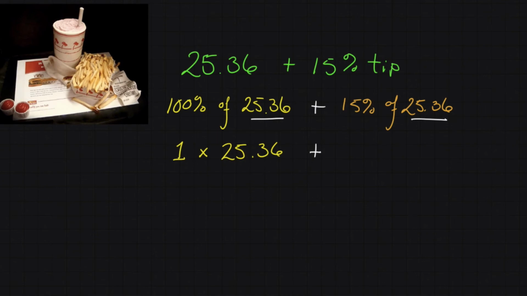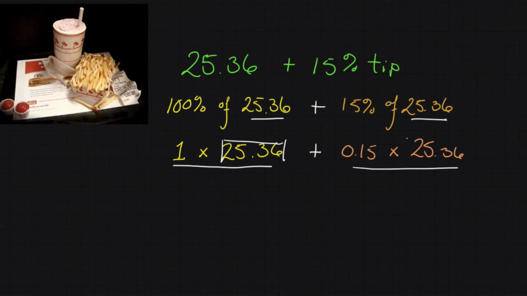And 15% we're going to translate into 0.15, of we're going to translate into a multiplication sign, and 25.36 doesn't need translating. Again, we're adding 2 multiplication problems, and these multiplication problems have a common factor, so we're going to take that out for a quick sec and add the other 2 factors.